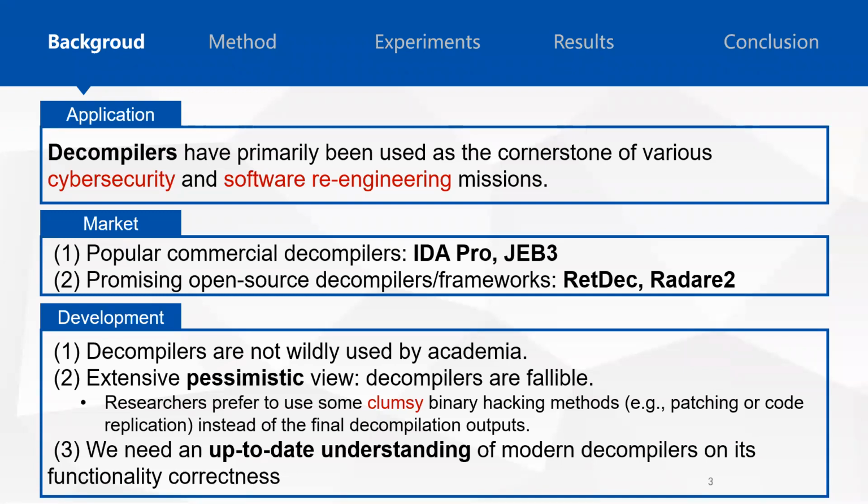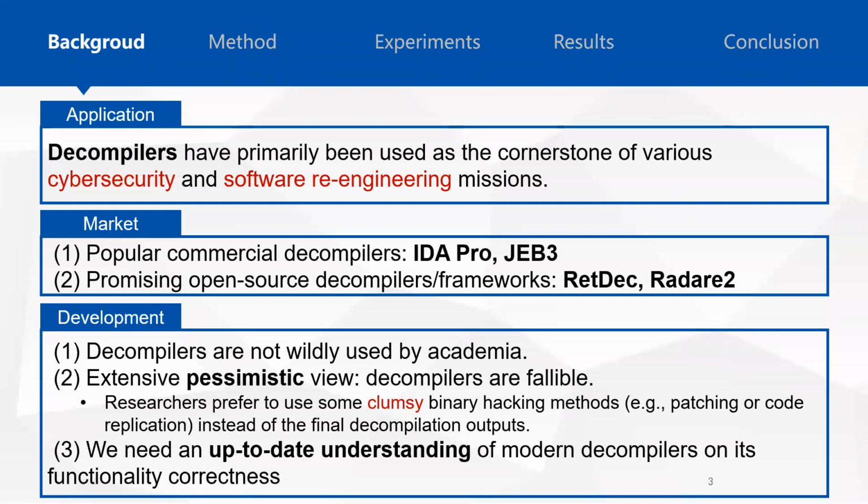There are already some successful business decompilers like IDA Pro and JEB3. They are probably the best decompilers we can get. And there are also some promising open source decompilers developed by the reverse engineering community. All these decompilers are extensively used in various commercial and research applications.